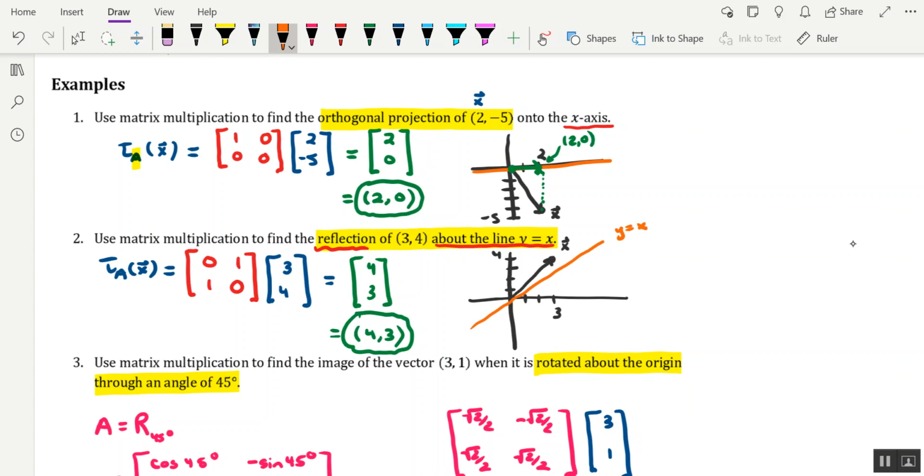Now, you may recall from a pre-calc or algebra 2 course or intermediate algebra that when we do a reflection across the line y equals x, we just switch the x and y coordinates, and that's actually what happened here with our transformation. 3, 4 turned into 4, 3. Now, if we plot 4, 3, the vector that we can form out of that will be T of x. And all things considered, that does appear to be the reflected version of x when reflected across the line y equals x.